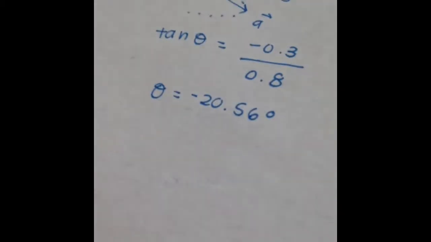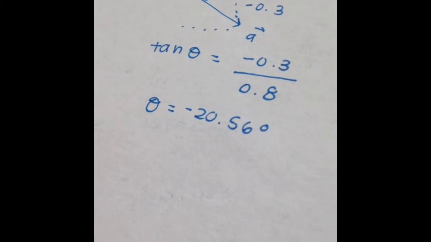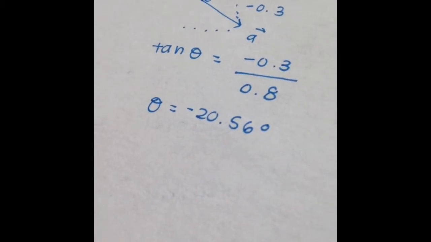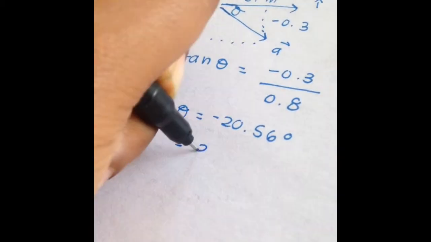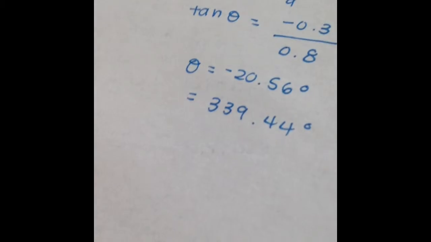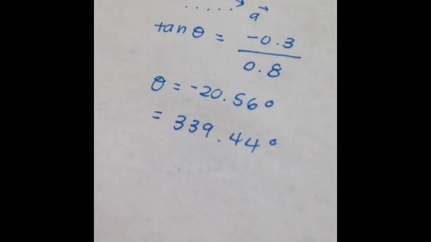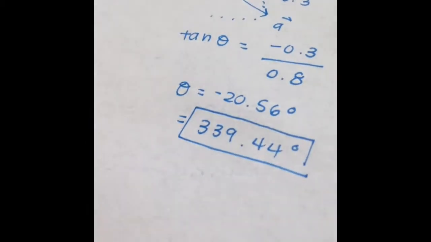And the answer in the book wants you to go counterclockwise. So if you add 360 to it, this is equal to 339.44 degrees, and I think in the book they just round to 339 degrees. So this is the direction with respect to the unit vector.